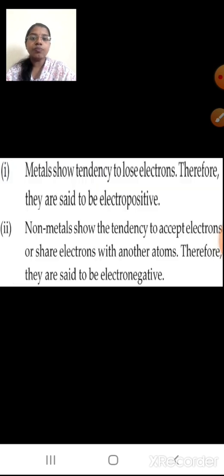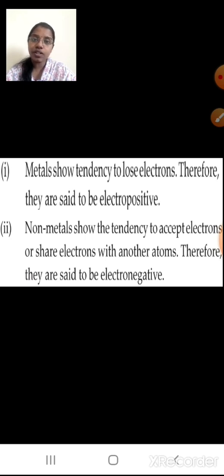Okay, now metals show tendency to lose electrons, as I told you, therefore they are said to be electropositive. Non-metals show the tendency to accept electrons or share electrons with other atoms, therefore they are said to be electronegative. Okay, a simple example, sodium chloride formation, you know that, right?